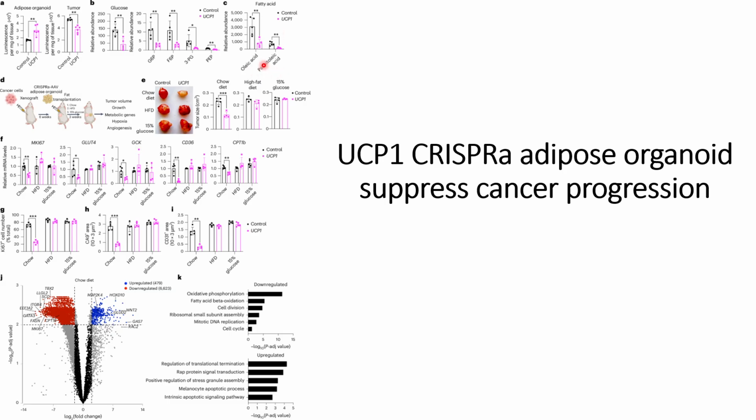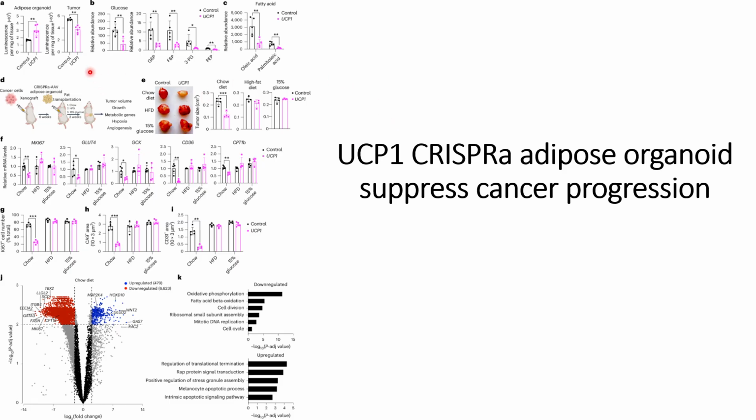They see that this signal also goes down when the tumors are co-transplanted with the UCP1 CRISPR adipose, compared to the control where they use VP94. So all this indicates that when the tumors are co-transplanted with this adipose organoid, it disrupts their nutrient supply.